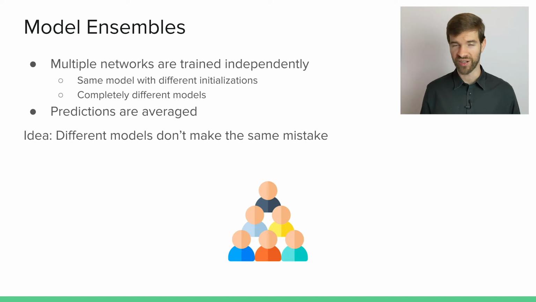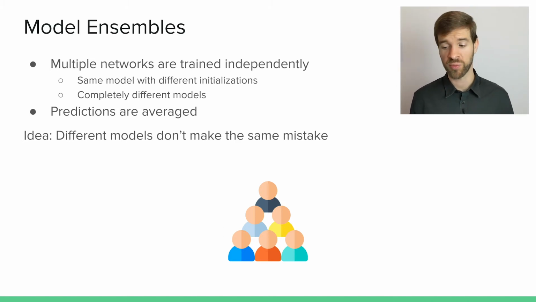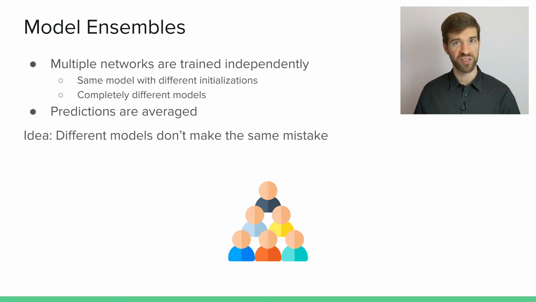Model ensembles are, as I just said, multiple networks that are trained independently, but then are being used jointly. The idea is that you have the same model, but you initialize it differently. Every model is initialized with random variables and then they're trained on the same data set. If you start from a different point with a different initialization, the idea is that you end up at a different optimum.